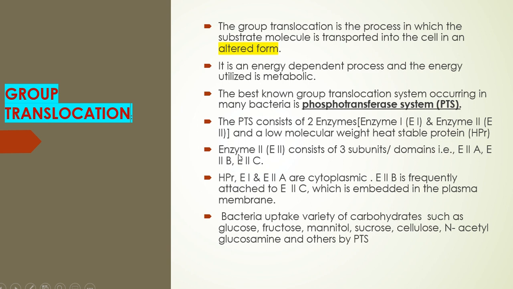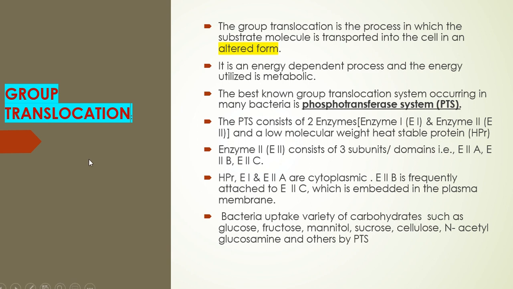Now this enzyme 2 again has three subunits or domains. What are those three? Enzyme 2A, enzyme 2B and enzyme 2C.